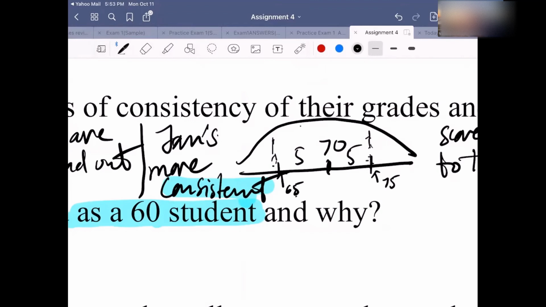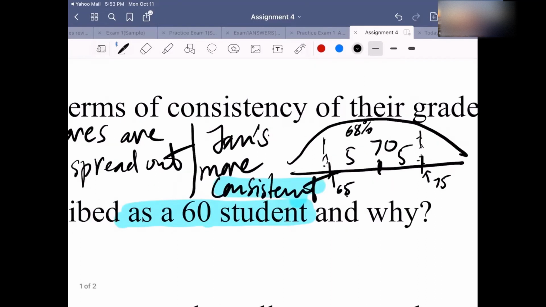So that means that 68% of her scores will not be a score of 60. Most of her scores are not 60s. So it's less likely that she's gonna get a score of 60.